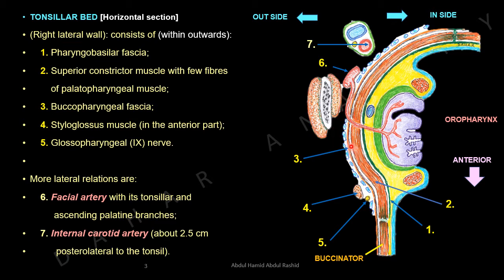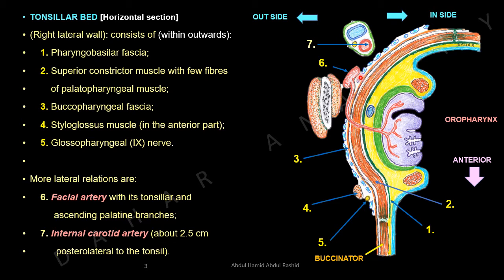Lateral or outside this is number 4, the styloglossus muscle, which is slightly anterior. Together with this styloglossus muscle is the glossopharyngeal nerve. These structures form the tonsillar bed from inside to outside.